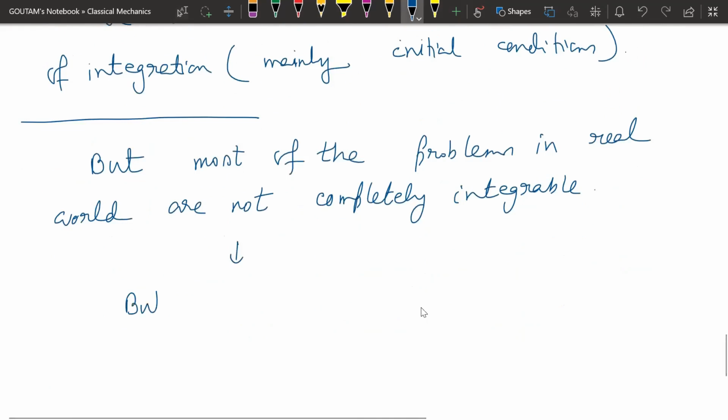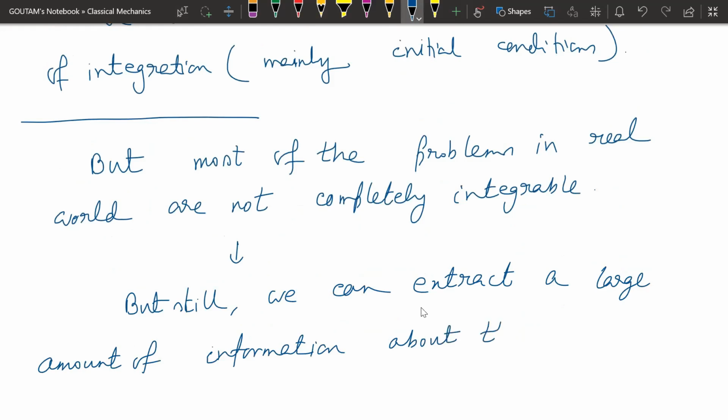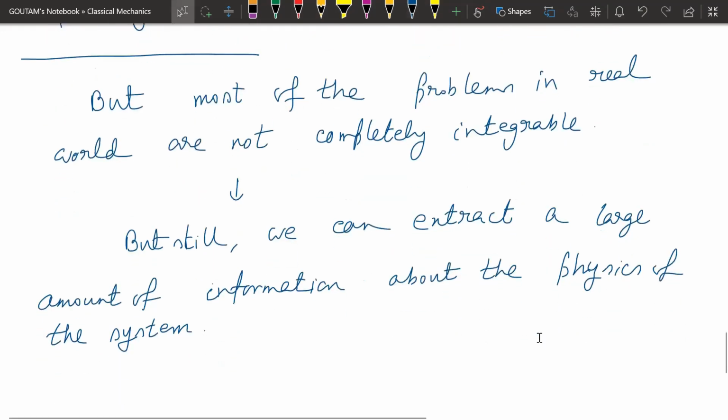But still, we can extract a large amount of information about the physics of the system without even solving the equations of motion.